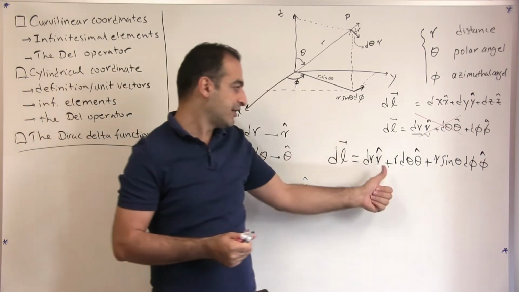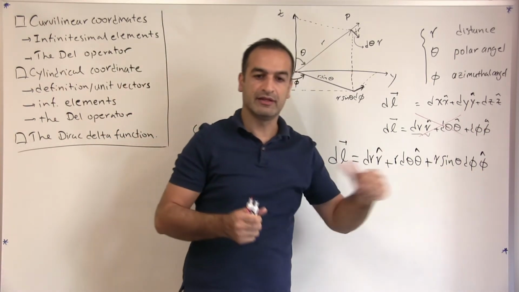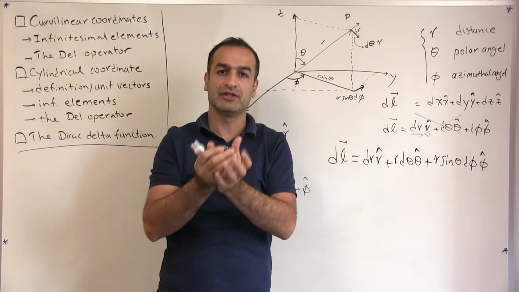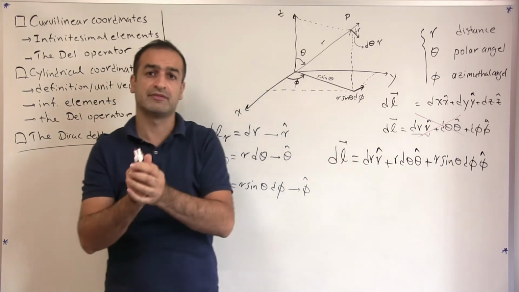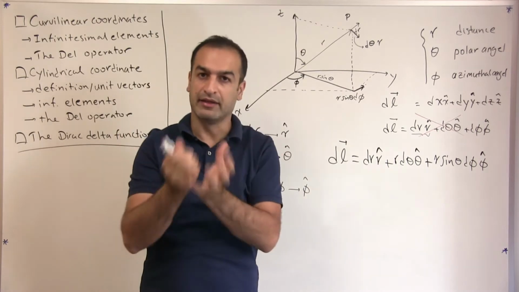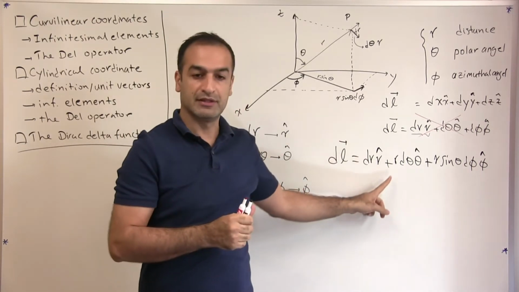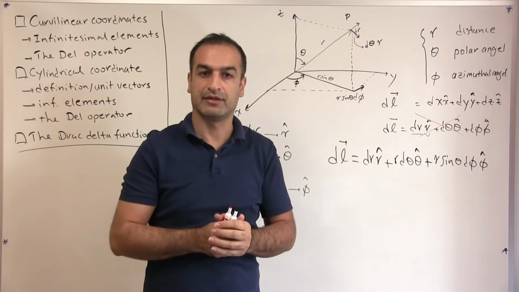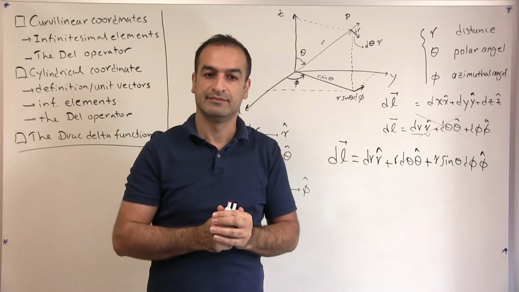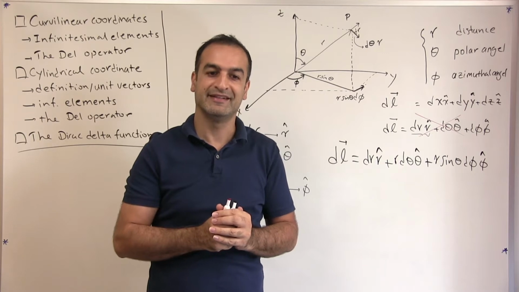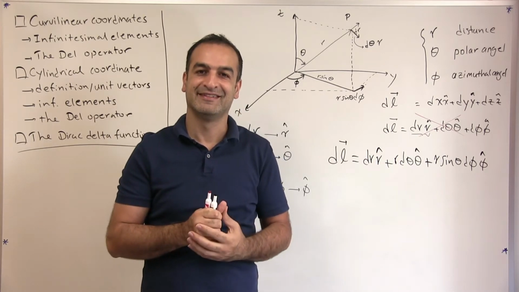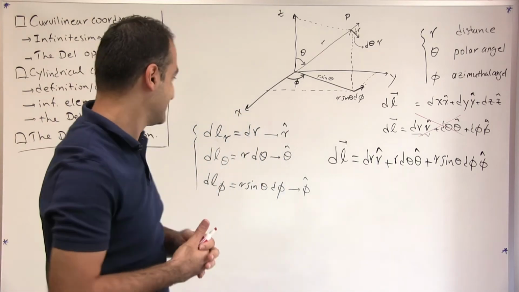The fact that we have r hat, theta hat, and phi hat components means it covers any infinitesimal displacement in a combination of directions. This is pretty general for spherical coordinates. Clear? Excellent.